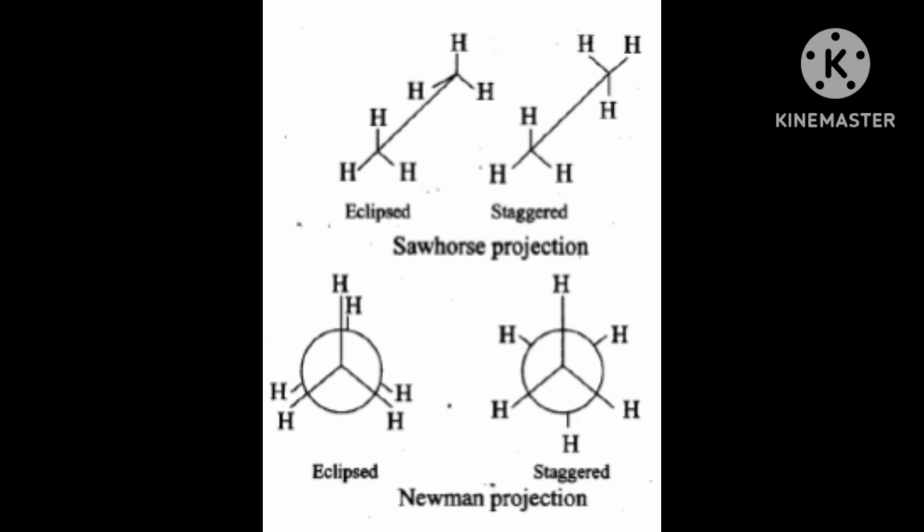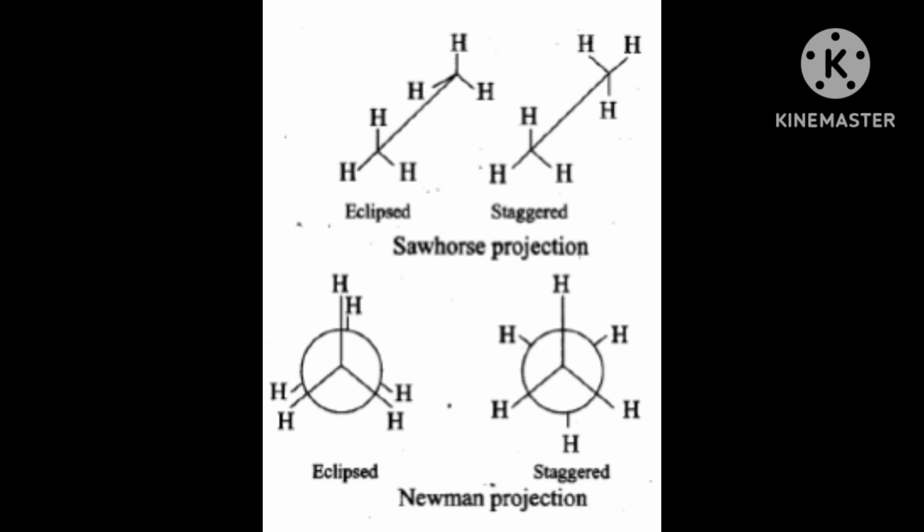Both you can show like that. Two diagrams you can show, but the bond will not be there. A very good example, as I told you, is the solar eclipse or lunar eclipse. You can't see the sun because you are seeing from one side. But if you are seeing the distance between the two carbons, then that comes under the sawhorse projection.